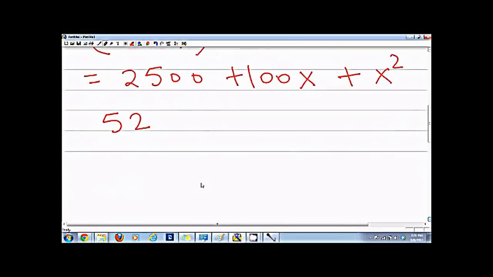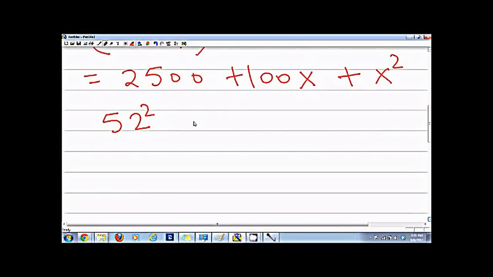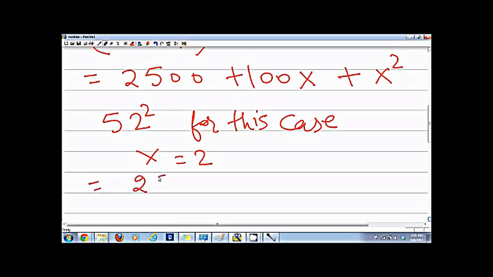So you can see that if I'm taking a square of 52, then in this case x is equal to 2, and if x is equal to 2, then you can go back to the equation and say 2500 plus 2 into 100 plus 2 square.